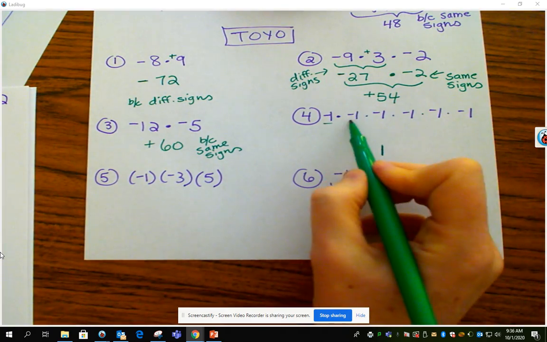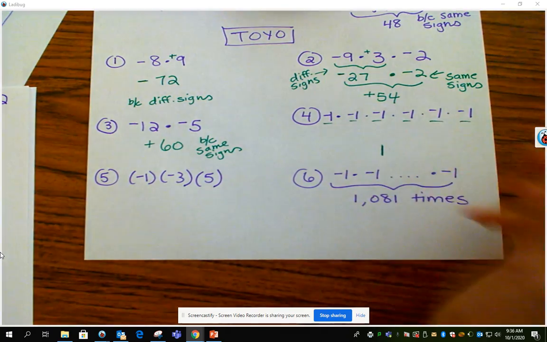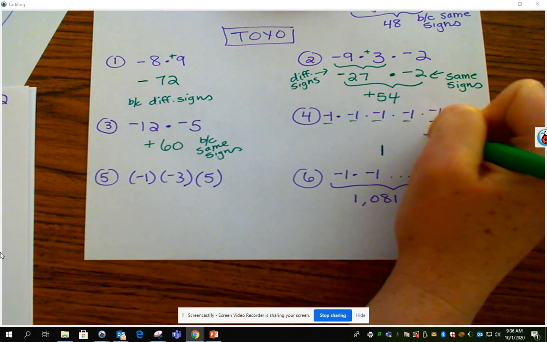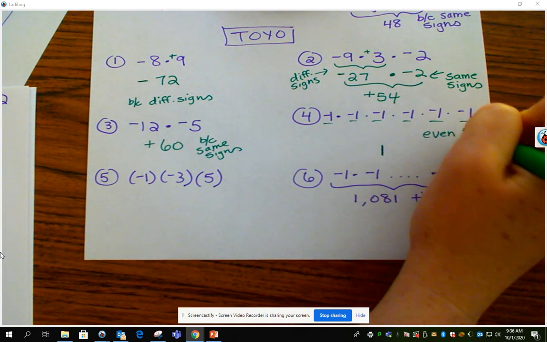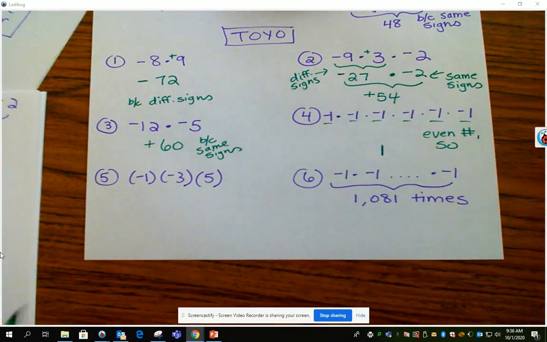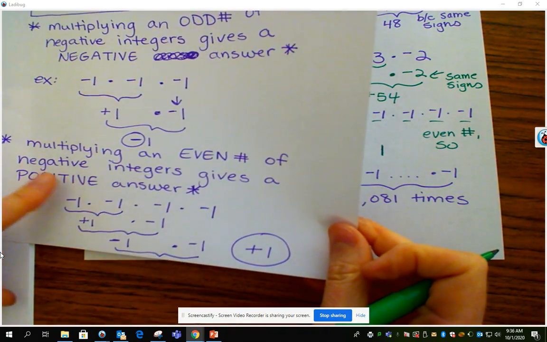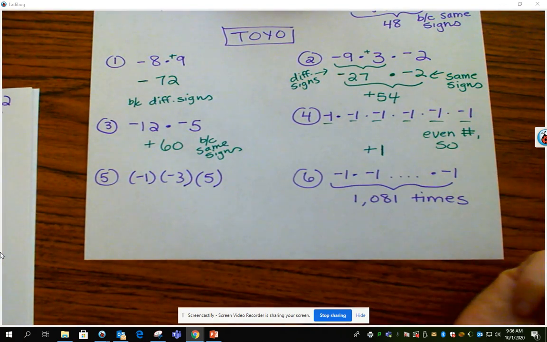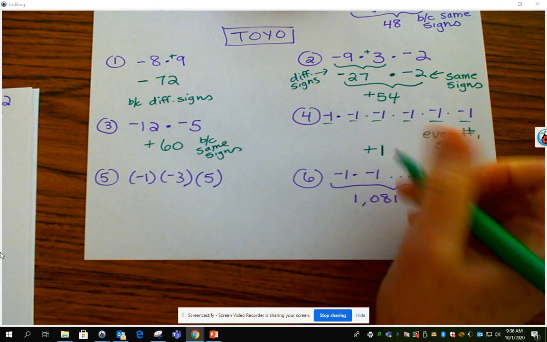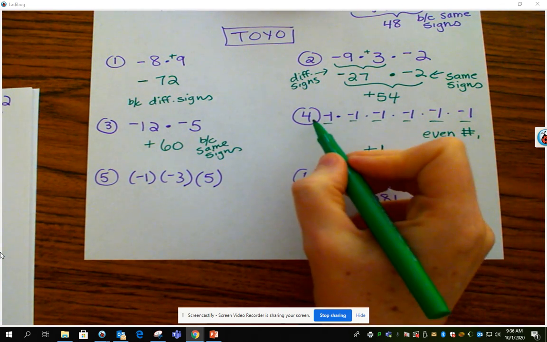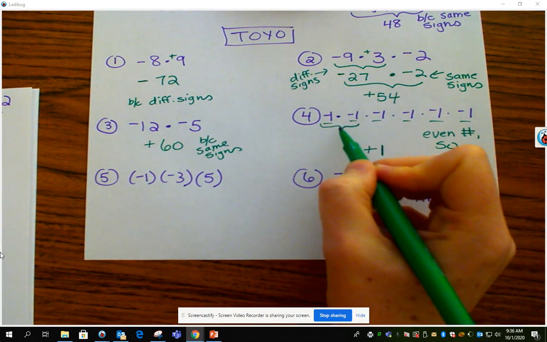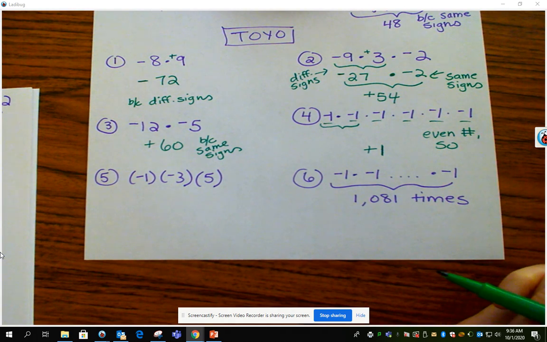So we have 1, 2, 3, 4, 5, 6 times. 6 is an even number. So look back at your little cheat sheet. Multiplying an even number of negative integers gives a positive answer. So we know it's going to be positive 1 there. And you can prove it to yourself. You can go through and do each step, and you'll end up with a positive 1.